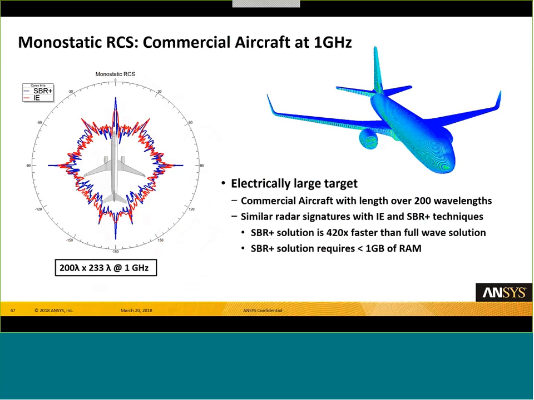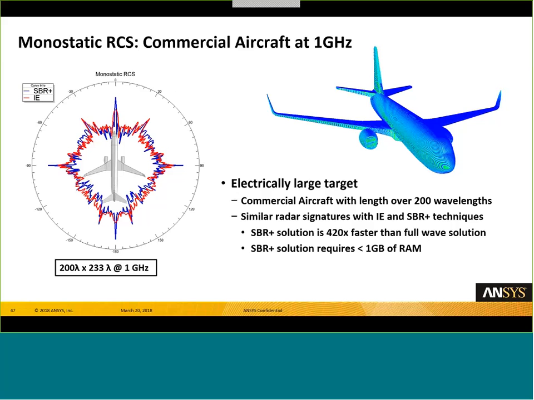As we move up in electrical size, the disparity between the integral equation solution and the SBR plus solution really starts to diminish. And this is a good example of that. At 1 gigahertz, it's not a really super high frequency, but the object itself, this passenger aircraft, is 200 wavelengths or more at that frequency.